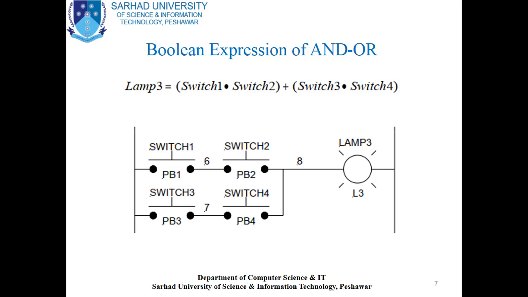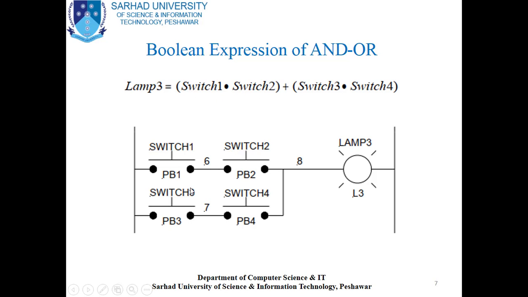expression using switch 1, switch 2 and switch 3 and switch 4. Here you can see switch 1 and switch 2, which are connected in AND form, and this physical connection can be represented by the Boolean expression switch 1 dot switch 2.